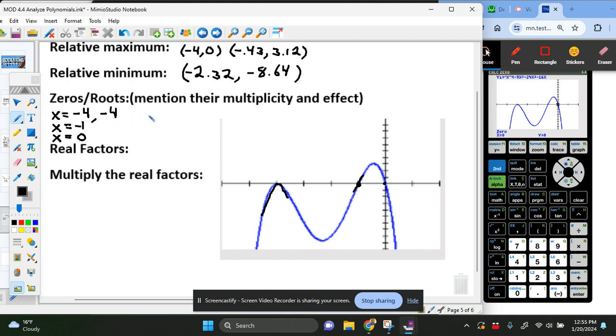So we have a zero of x equals, I'm sorry, negative 4 with a multiplicity of 2, and the effect is it bounces off the x-axis.